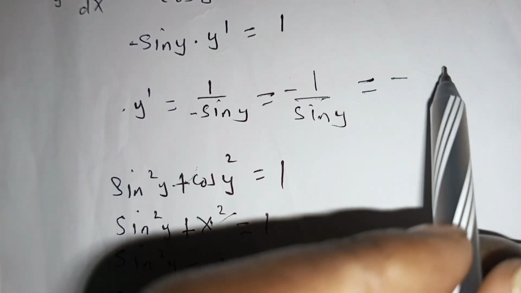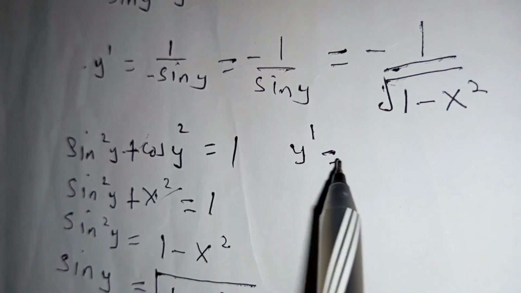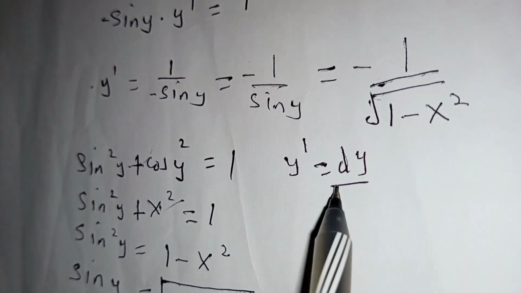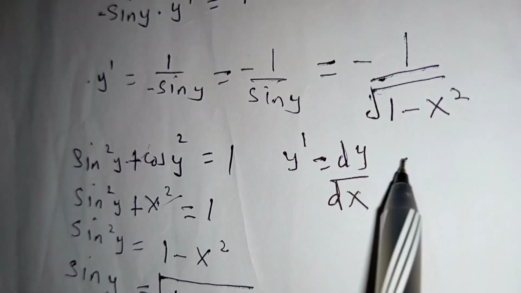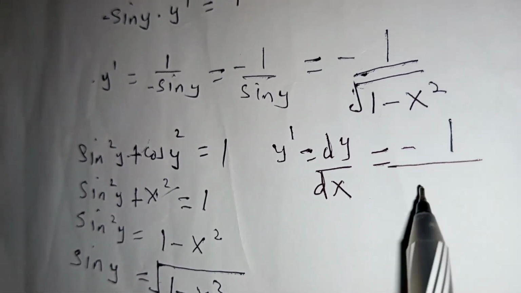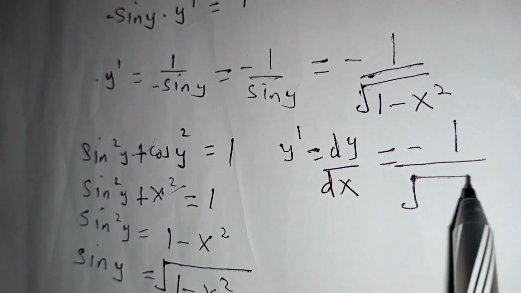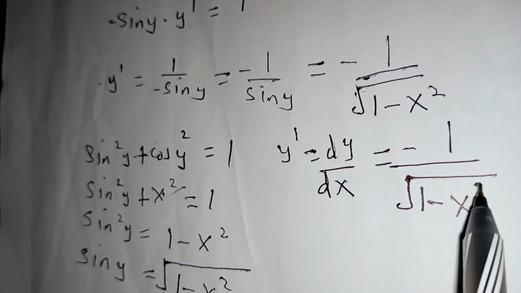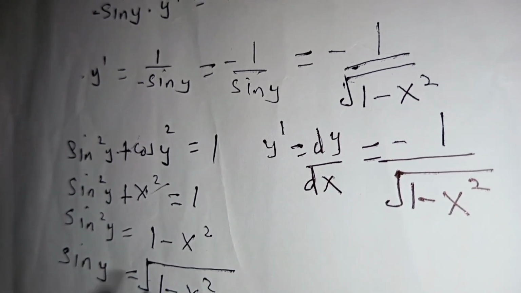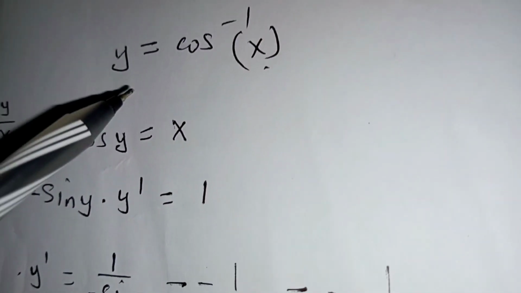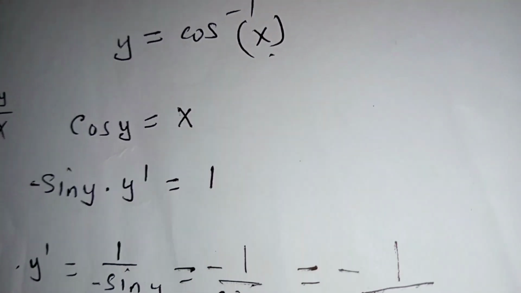After substituting, we shall be having 1 over y prime, which is the same as dy over dx, is equal to negative 1 divided by square root of 1 minus x squared. So that is the derivative of cos inverse of x.